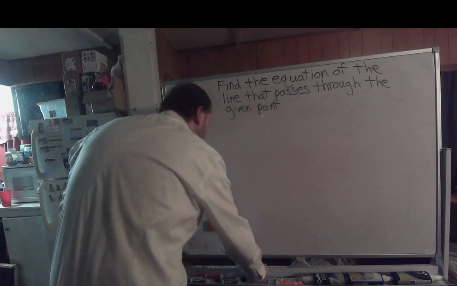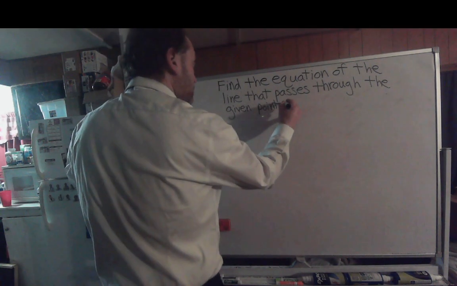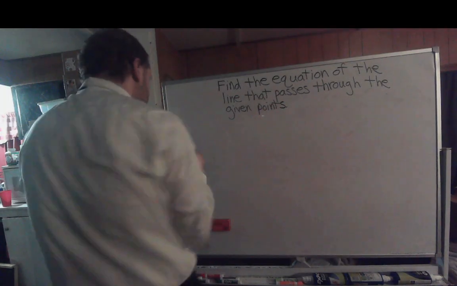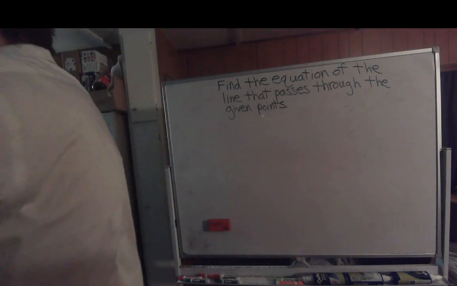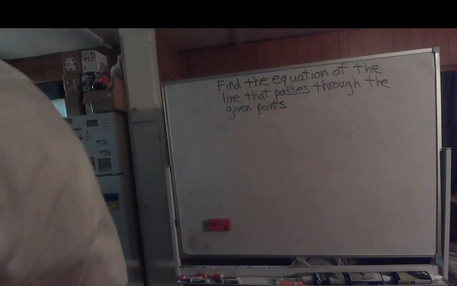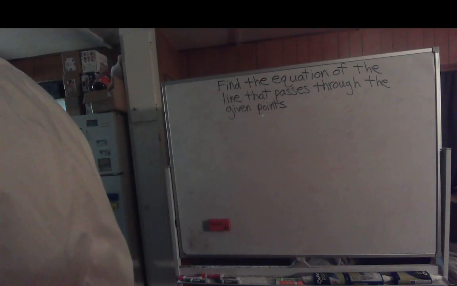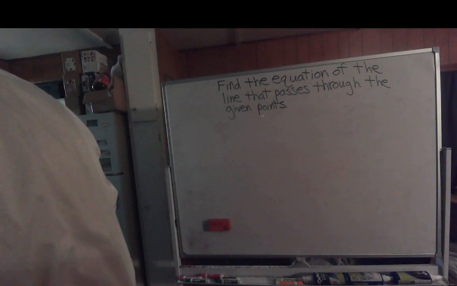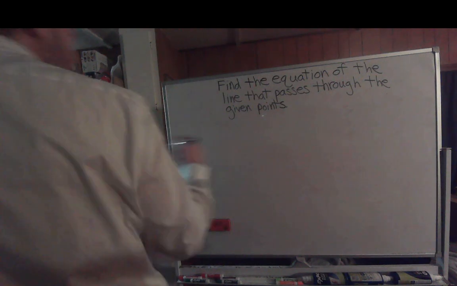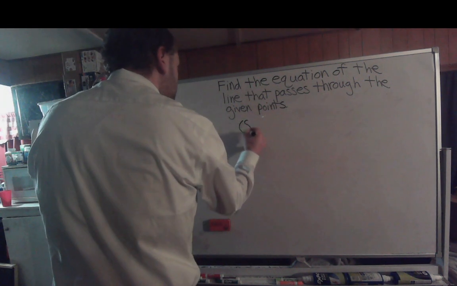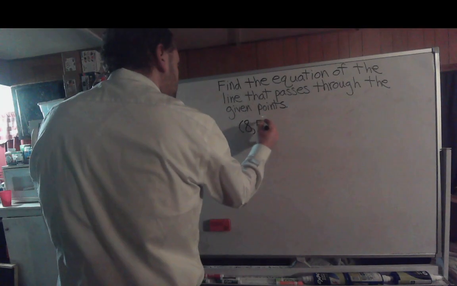This time we're going to have some equations here where we only have 2 points. So we want to find the equation of the line that passes through the 2 given points. Your first point is going to be the coordinate 8, 5.